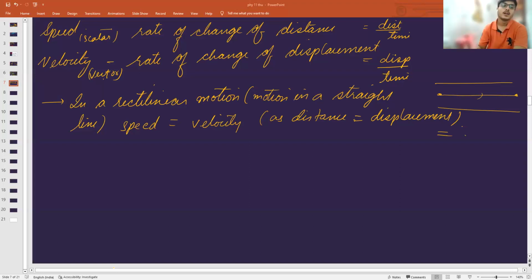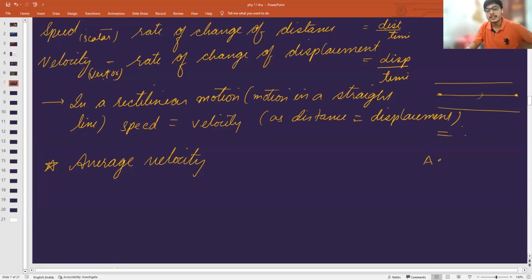Now see, there is something called average velocity. Now see one more thing. Speed and distance is something that we actually can't measure. Because let us say that a body started from point A and ended at point B. We have three equations of motion, that I will tell you later.